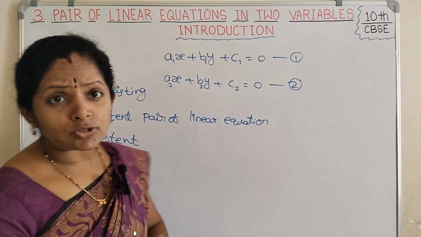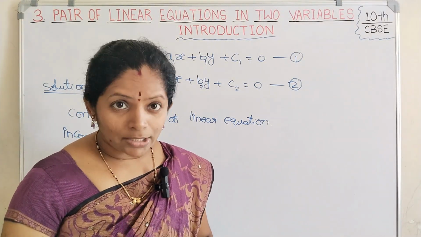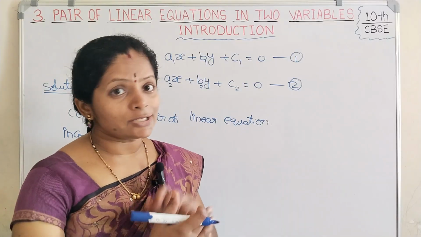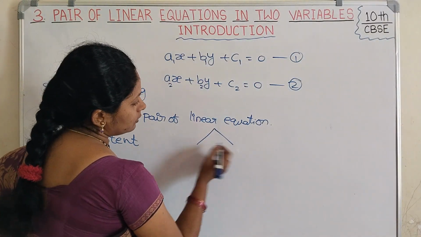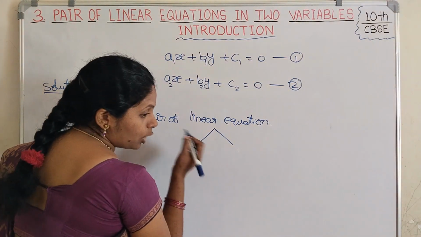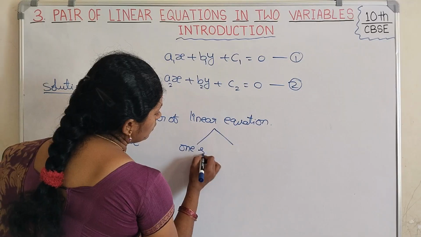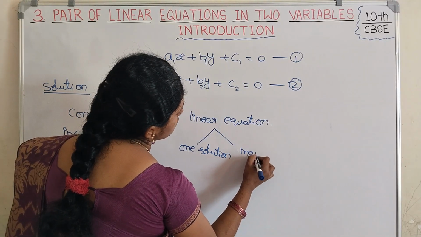Next, if there is a solution, again the question comes whether there is a unique solution or many solutions. It is based on two factors. If there is only one unique solution, or many solutions.